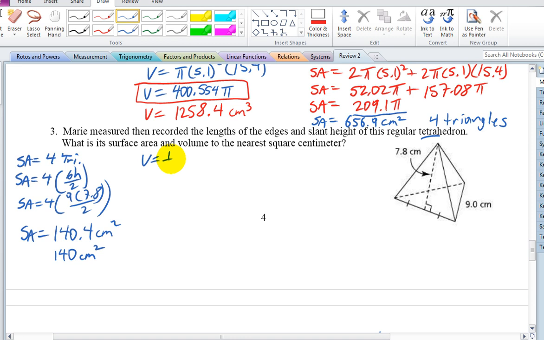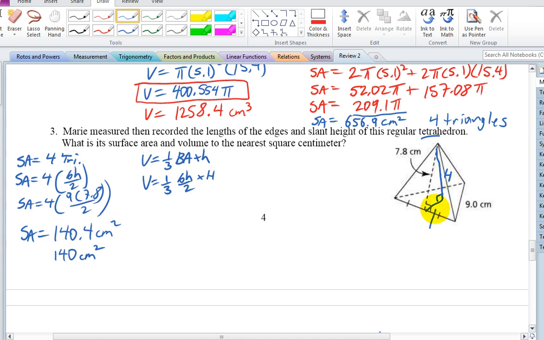So 1/3 base area times the height. So volume equals 1/3 base times height divided by 2 times the height of the prism. So what we're looking for in that one is you have to drop a line down 90 degrees. That's the height of the pyramid.